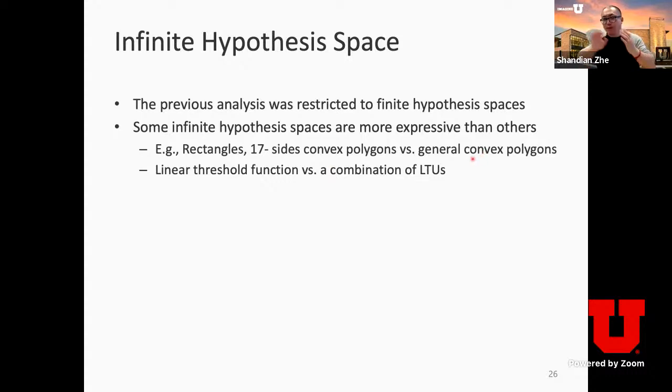But if you reverse the statement, it doesn't hold. You cannot guarantee that any shape in the general convex polygons belongs to rectangles or to 17-sided convex polygons. So even though all three sets are infinite, they still differ in terms of expressiveness.